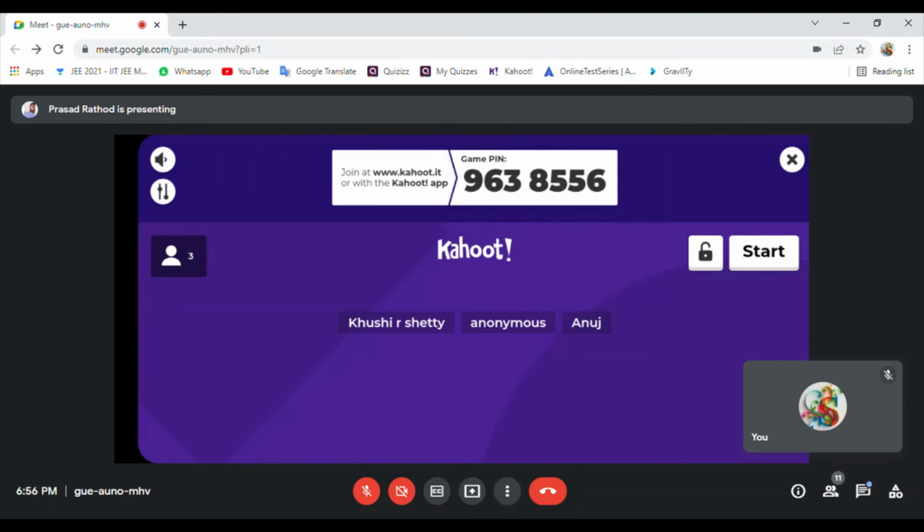It will ask you for a game pin. You can provide the pin which you are right now seeing on the screen. And once you provide the game pin, put a valid candidate name, and then you can log into the game. So are there any more candidates who are joining? Arnav? I can just wait for a minute or two for anyone who's joining. Okay. Because Khushi, Anuj, and someone anonymously have joined.